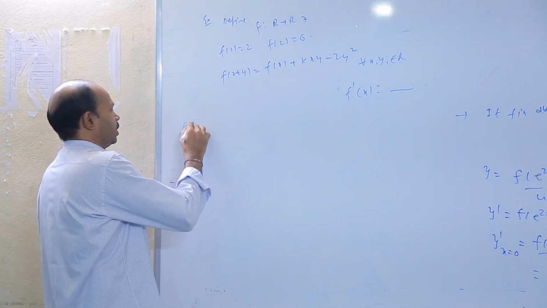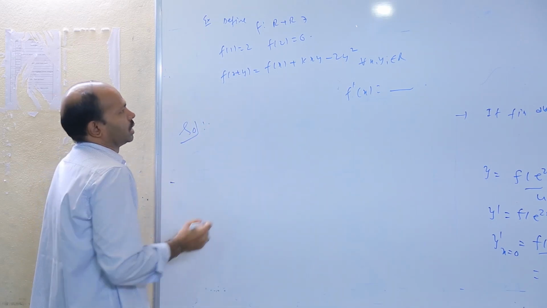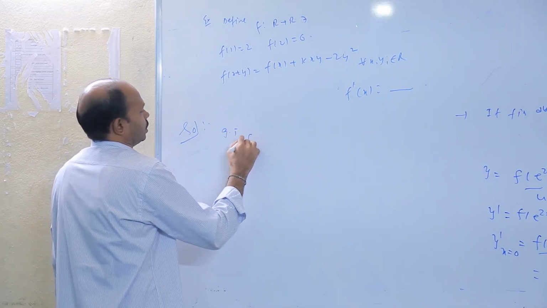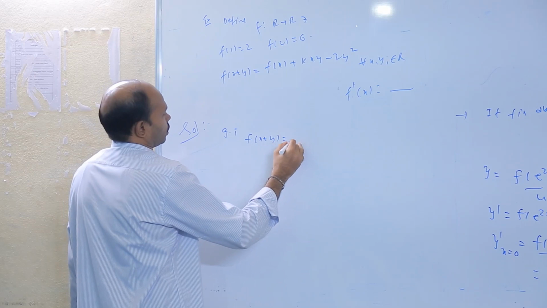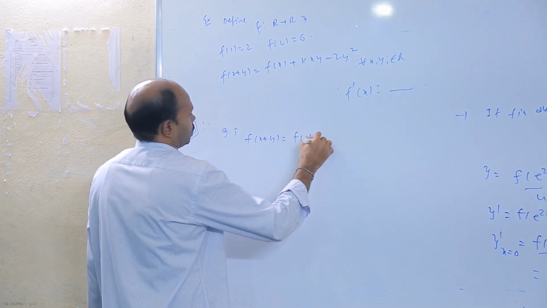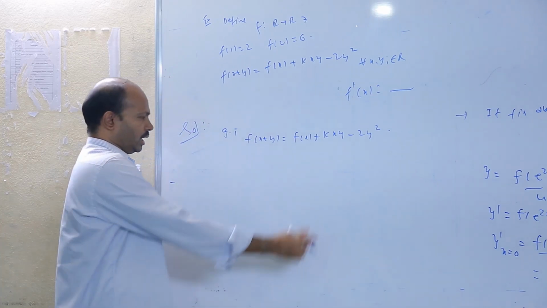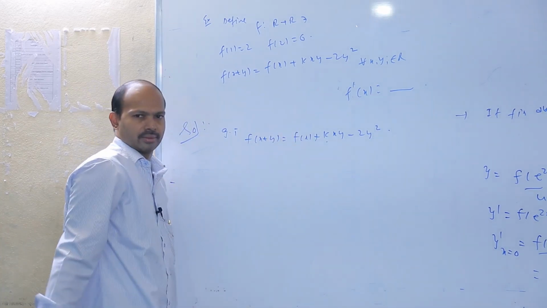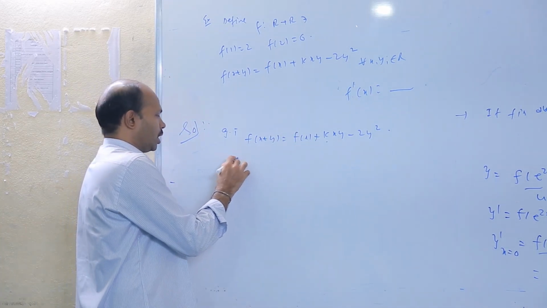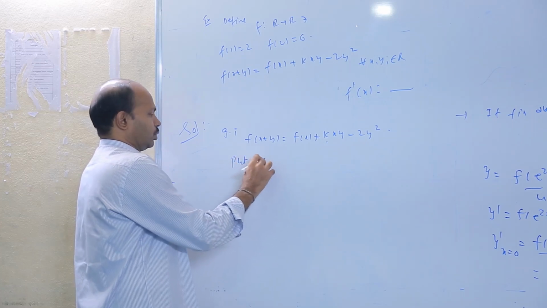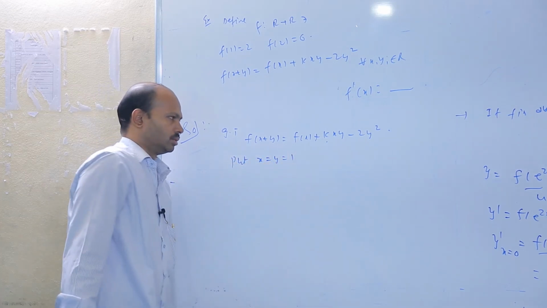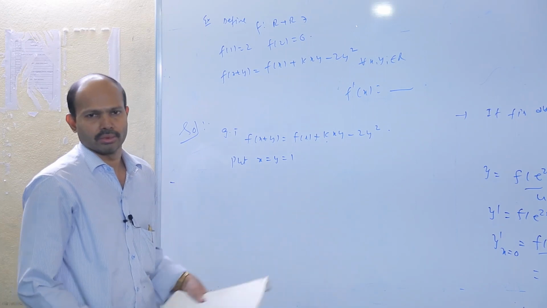Coming to the solution of the above expression. Note that the given expression is f of x plus y equals f of x plus kxy minus 2y square. We need the value of unknown k. For getting the k value, apply some substitution. Put x is equal to y is equal to 1. You may have a question mark: why do they become 1?